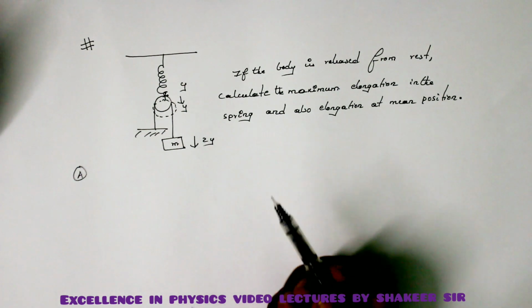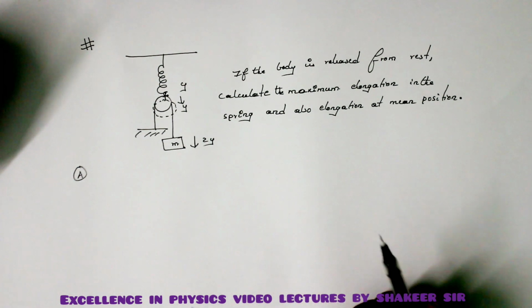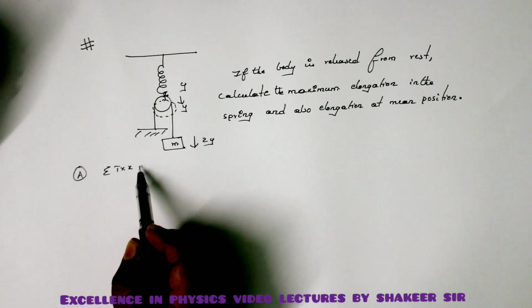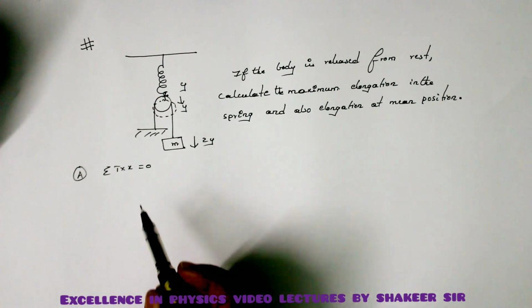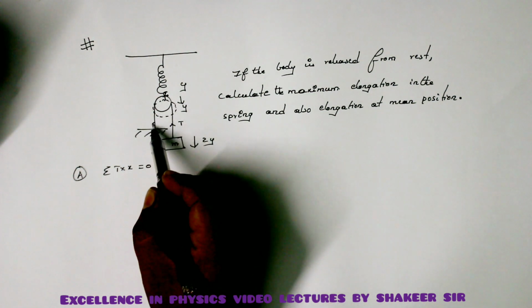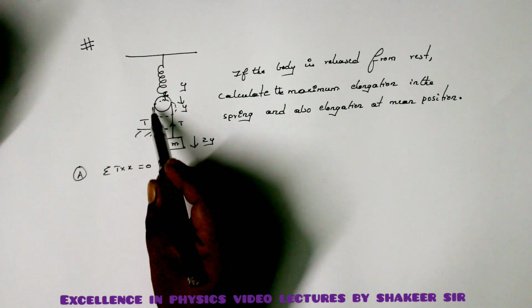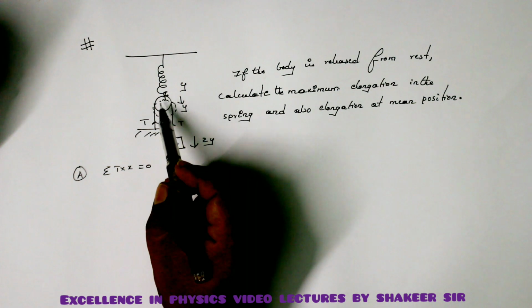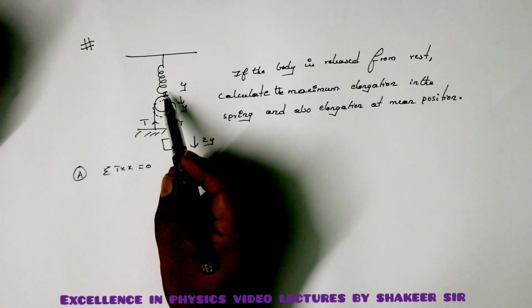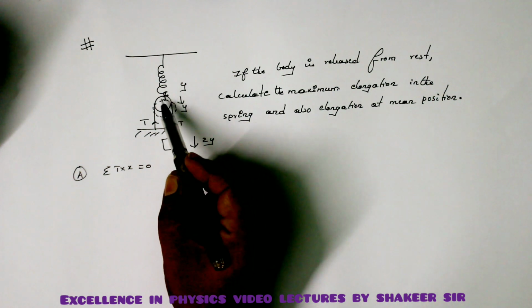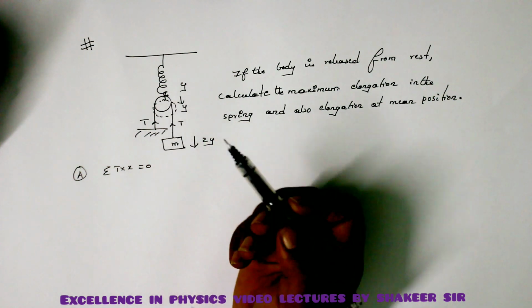So this is a constraint relation which we must derive to solve this problem. This also we can derive by using the virtual work method. So summation of T into x should be equal to 0. So therefore here if tension is T, here if tension is T, since it is the same string, definitely tension will be the same, and the tension developed in the spring will be 2T here. So this 2T is pulling the spring downwards, and the spring is coming down by a distance of y.